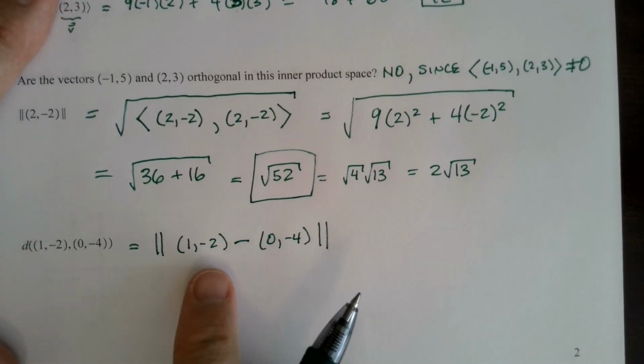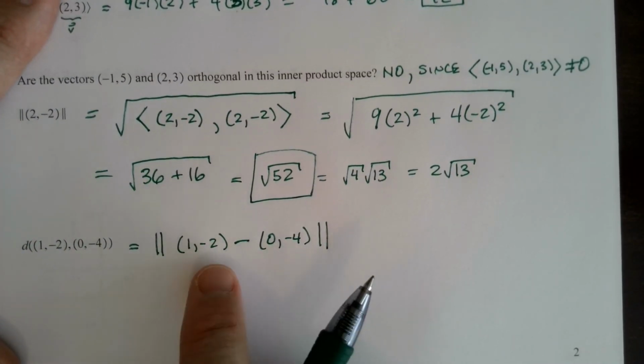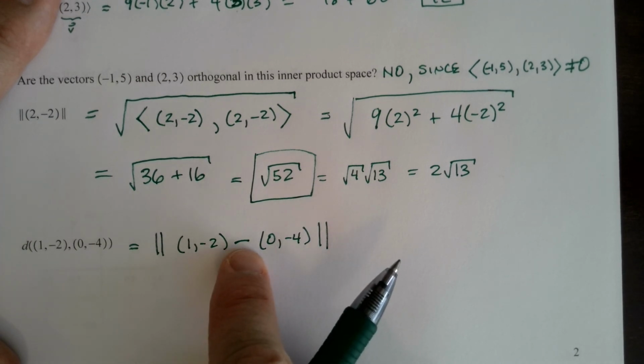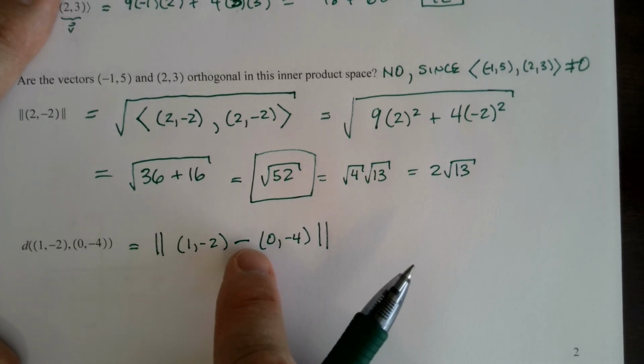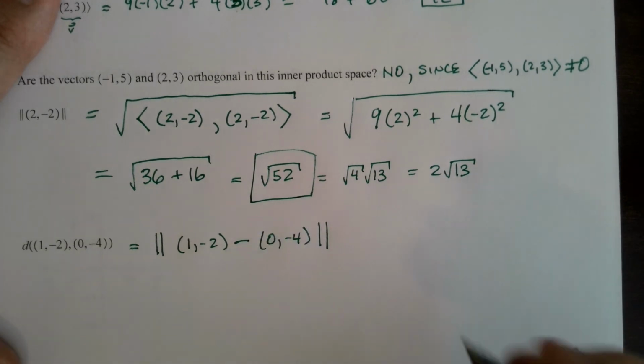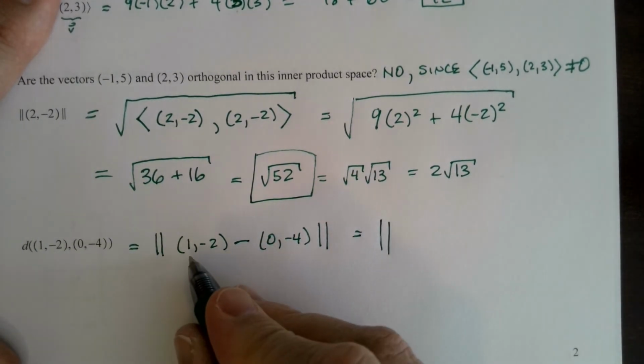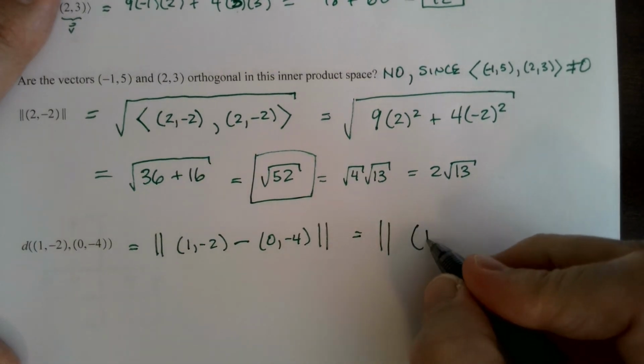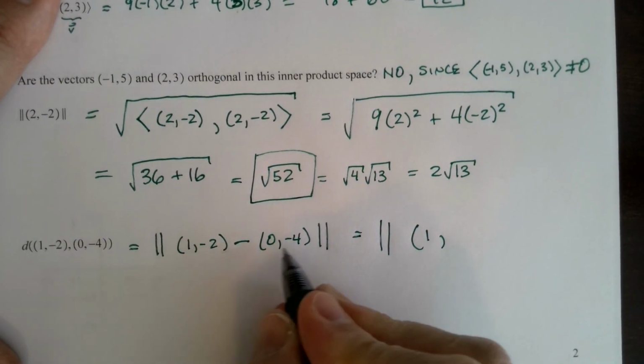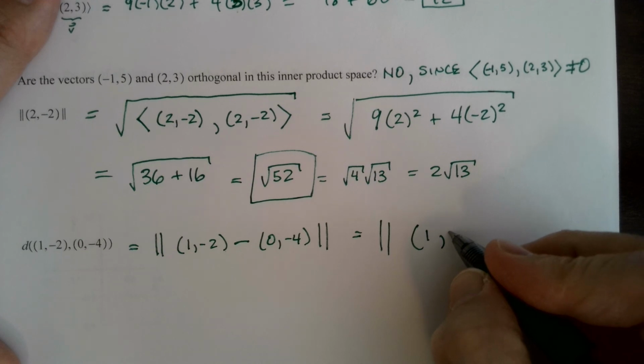Now you've got to do the operation here, which is really subtraction would really be what? Adding the negative 1 times this vector. But we can go ahead and just subtract components, right? So this will be 1 minus 0. And negative 2 minus a negative 4, negative 2 plus 4 is 2.